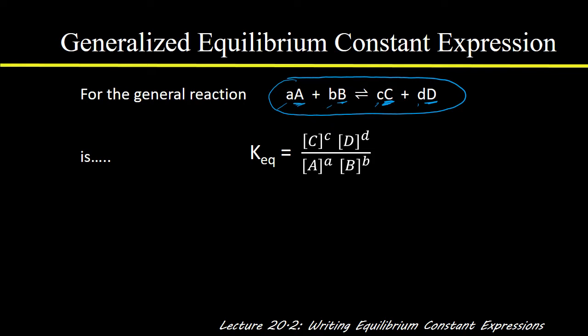It is the concentration of both of the products, C and D, in the numerator, divided by the concentration of the reactants in the denominator, with both of those raised to powers equal to their stoichiometric coefficients. So if we've got a moles of A, then the concentration of A is raised to the power a. Okay, pretty much that simple.